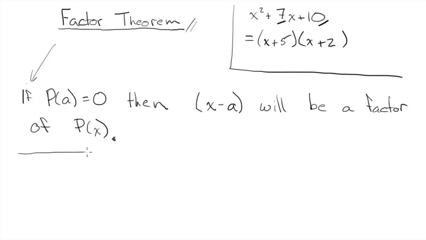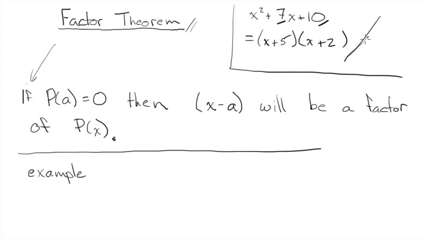Okay, so just to illustrate what this is, not to prove it, but to give you an example of what we mean, let's look at this example I did up here, a simple quadratic. In this example, p at x would have been the quadratic x squared plus 7x plus 10.